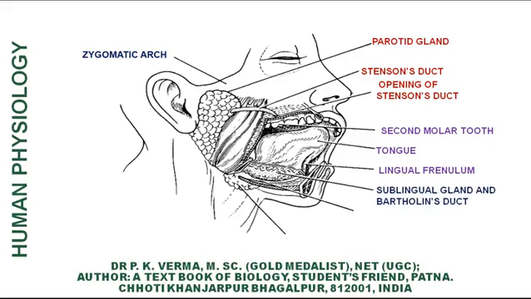It is the sublingual gland and its Bartholin ducts. These are 10 to 20 minute ducts opening in the lower jaw. The third gland is the submandibular gland that opens through Wharton's ducts just below the tongue.